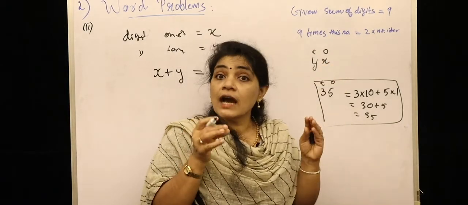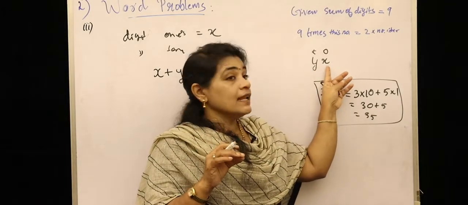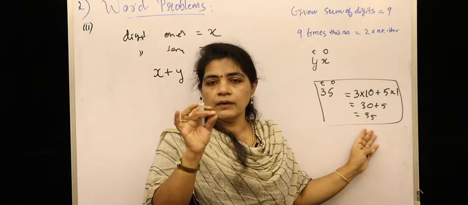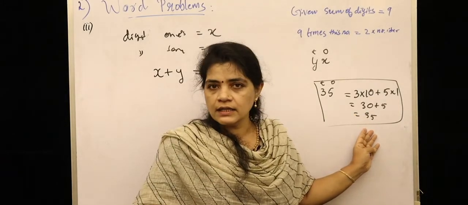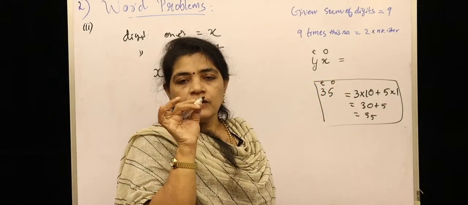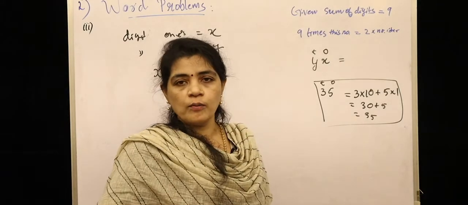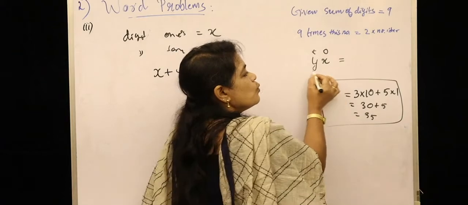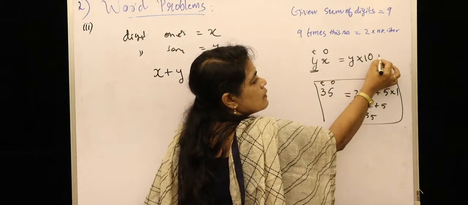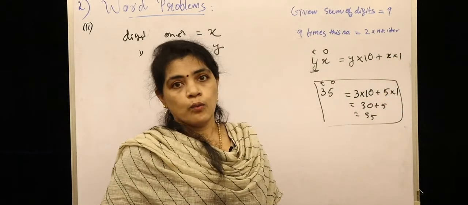We are just converting this idea to the variables x and y. So what is the number formed by the digits y in the tens place and x in the ones place? As per this, you have to multiply with the corresponding place value, isn't it? So in order to convert the digits into number form, expanded form, since y is in the tens place, y should be multiplied with its place value 10 and x should be multiplied with its place value 1.